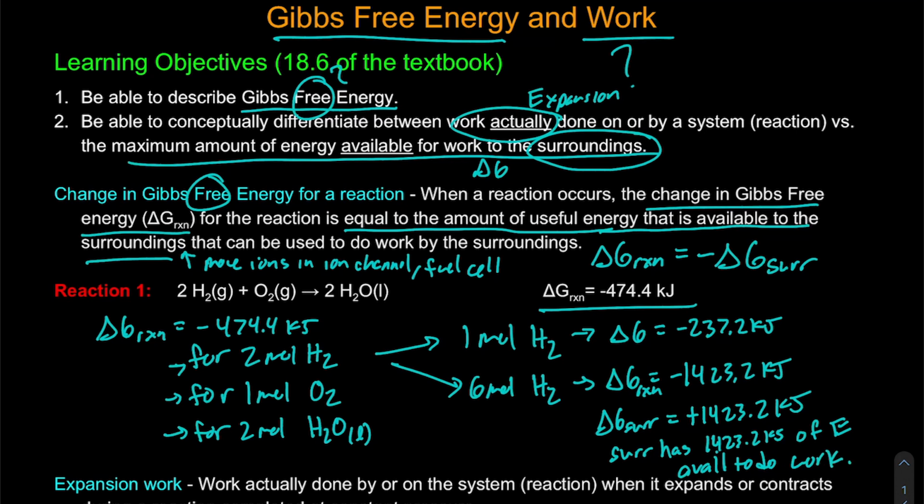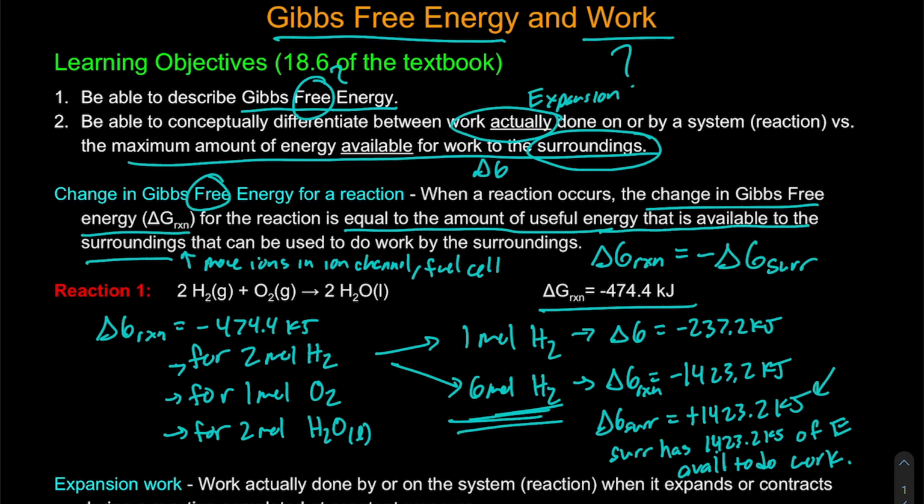Because if the reaction is giving away that much free energy, with 6 moles of H2 reacting with enough oxygen to produce that amount of water, that's how much energy is available for work, which is a pretty significant amount.